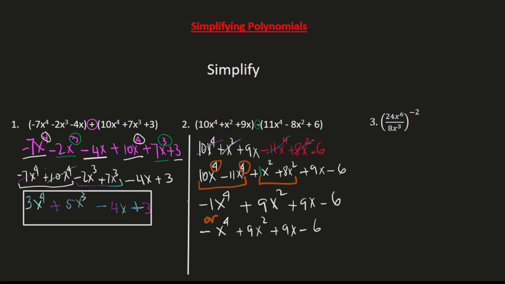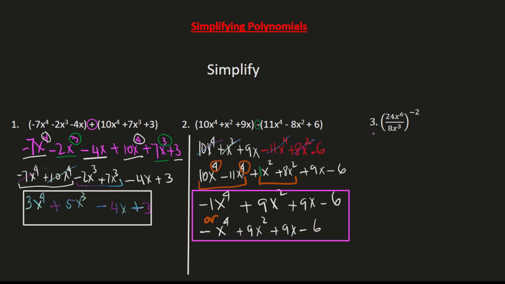So it doesn't matter which way you choose, as long as you write it this way. Okay, so this is the answer for this one. Either you write minus 1x to the 4th plus 9x squared plus 9x minus 6, or you write it this way, minus x to the fourth plus 9x squared plus 9x minus 6.